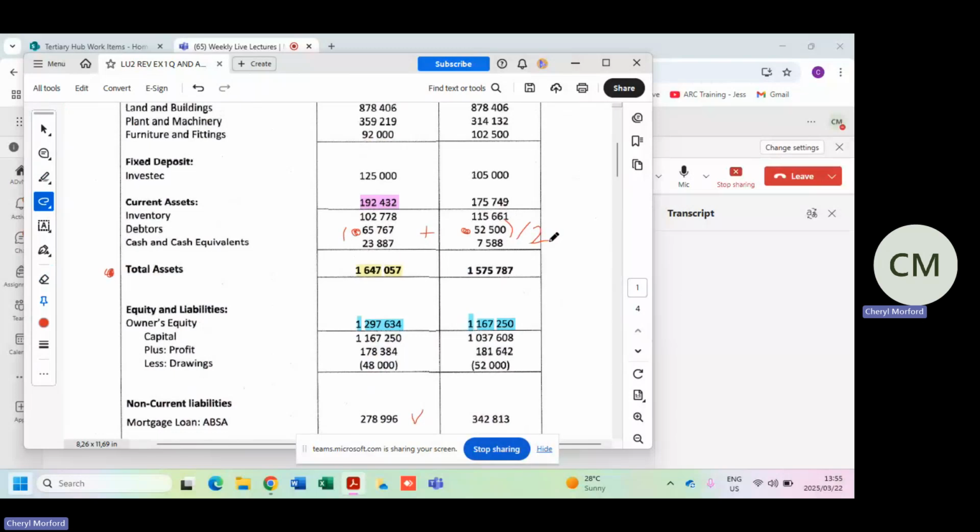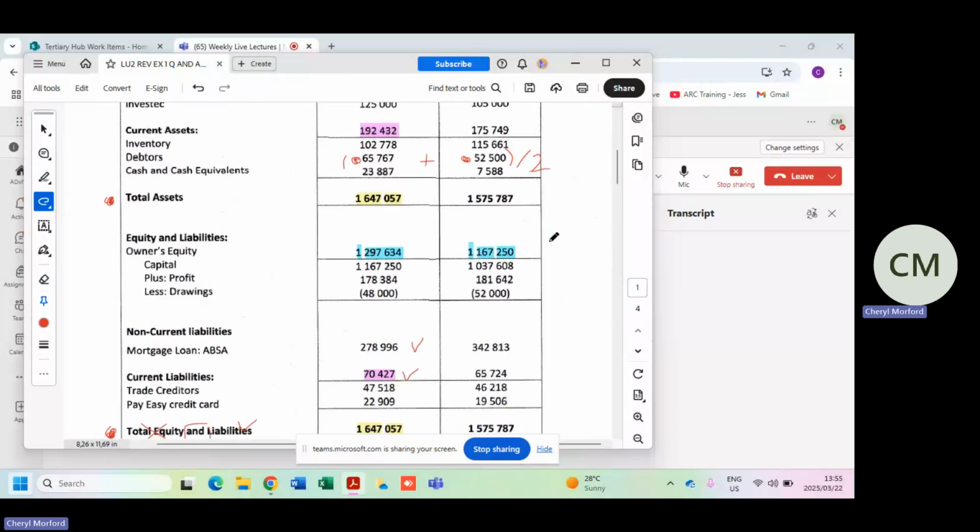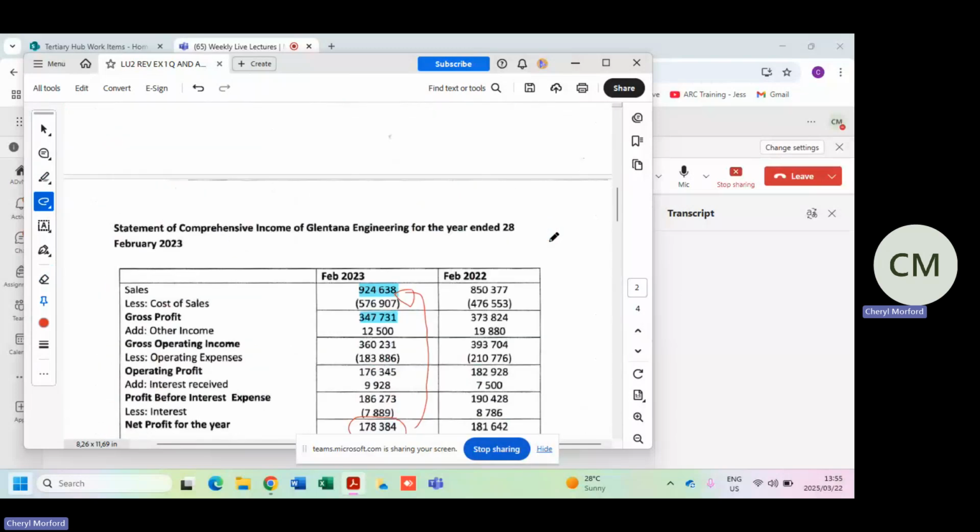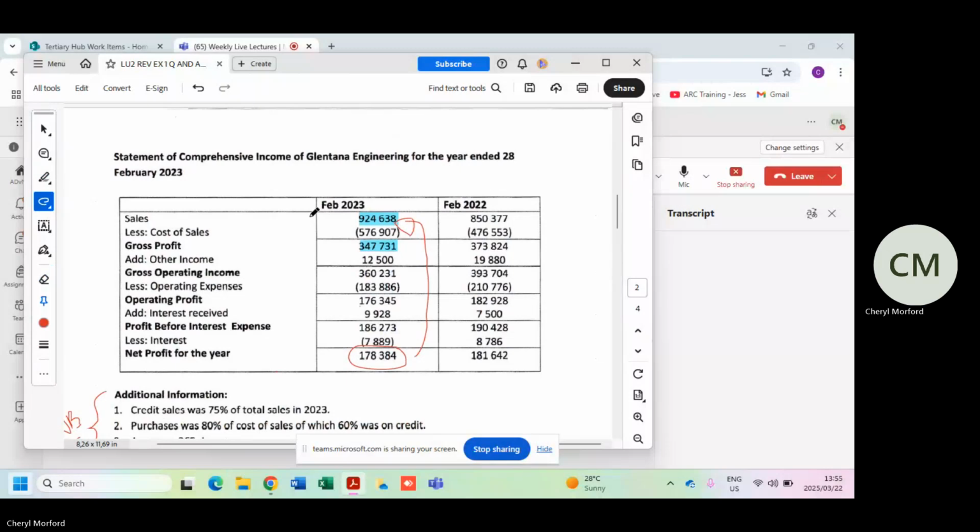Then if we are looking for credit sales, let's pop down here at the income statement. Over there, that sales is the value that we've used before in the GP and the NP percent. Right. However, that is total sales. It is not split into credit and cash. So how do we know what the credit sales are?